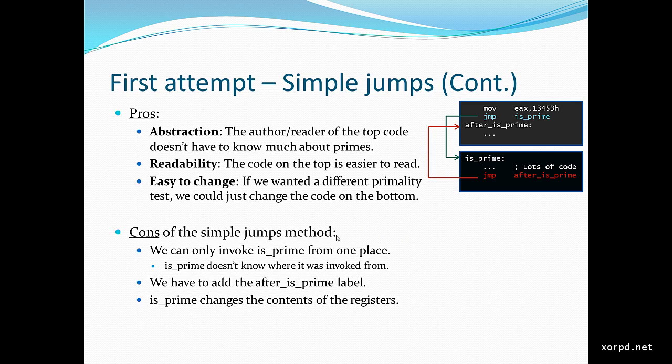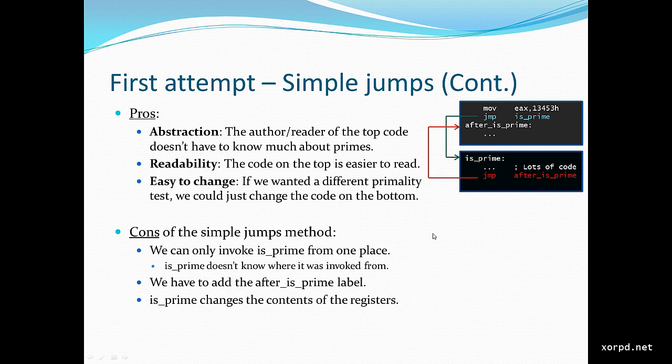Maybe the first one, which is a major one: we can only invoke the isPrime function from one place, because we have this jump to this specific label after isPrime. So we can't call this function isPrime from a different place. We have to do it here because this is where the label after isPrime is located.